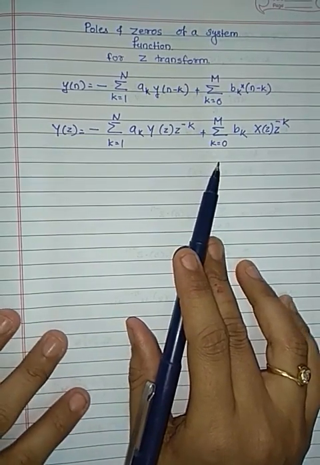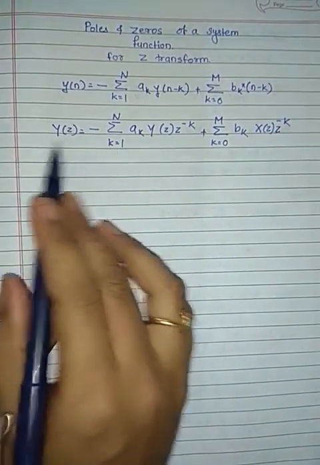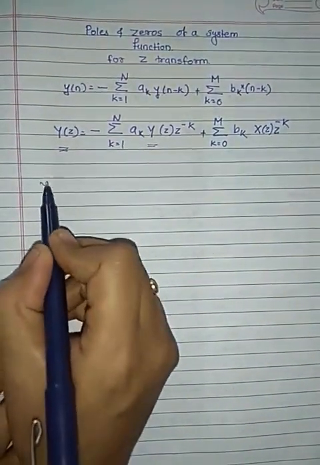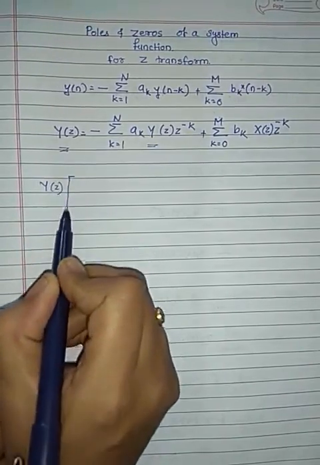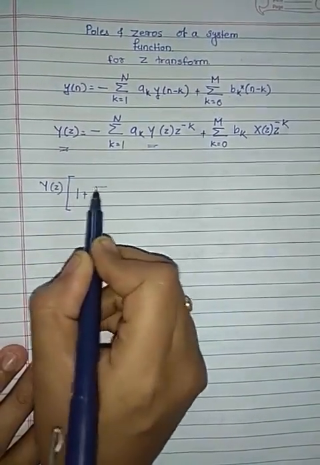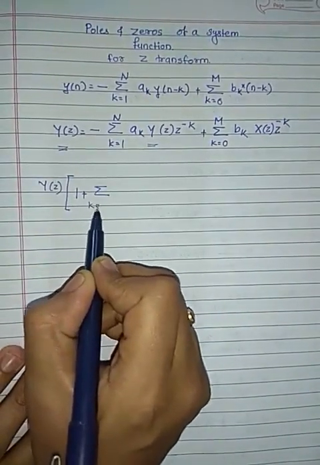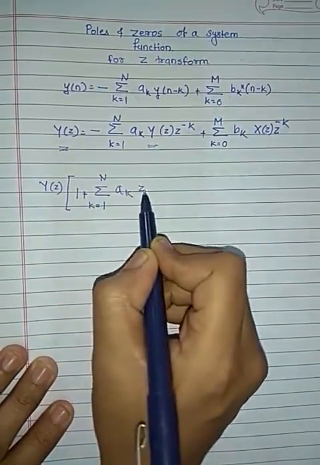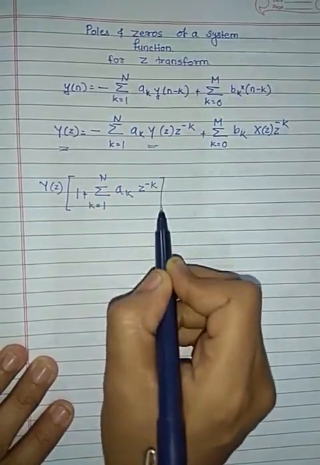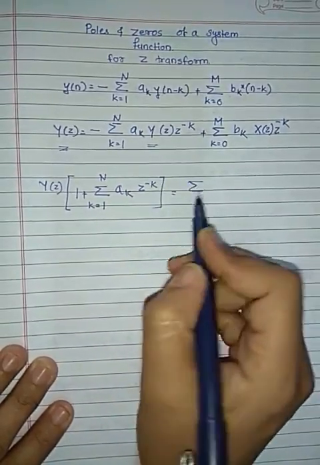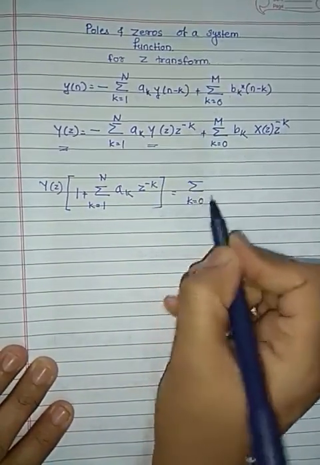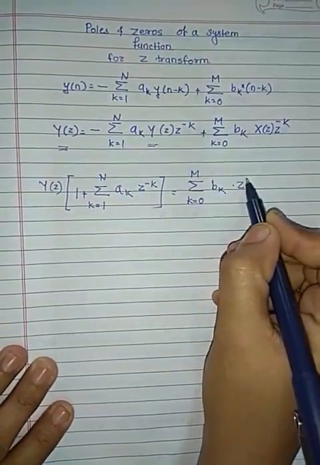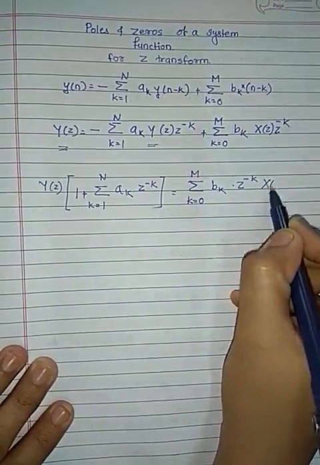Now simplifying this equation, we will collect the terms of Y of z here. So we have Y of z into 1 plus summation from k is equal to 1 to N a k z raised to minus k is equal to summation from k is equal to 0 to M b k into z raised to minus k X of z.